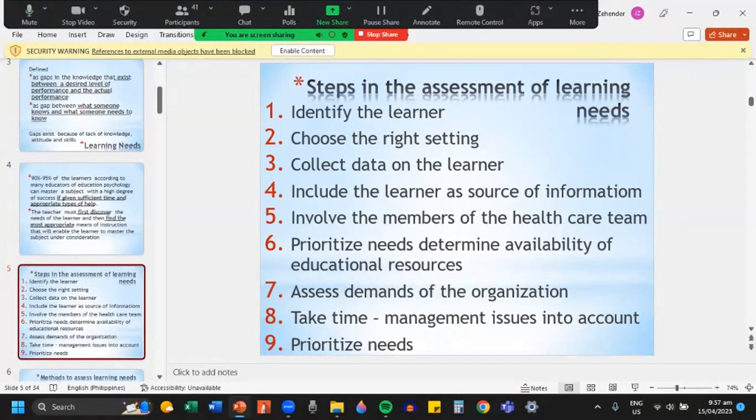Back then, when I was assigned in the OB annex, one of my prime responsibilities, since I was a job order nurse, was to lecture on breastfeeding and family planning.